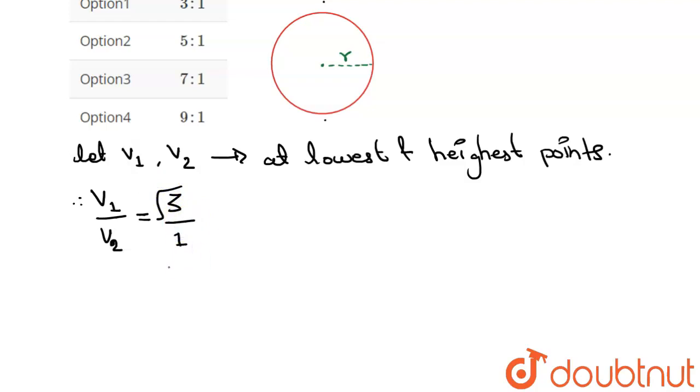Okay, now we will conserve the energy between the lowest point, that is here, and the highest point, that is here. Now we are applying conservation of energy at the lowest and the highest point.